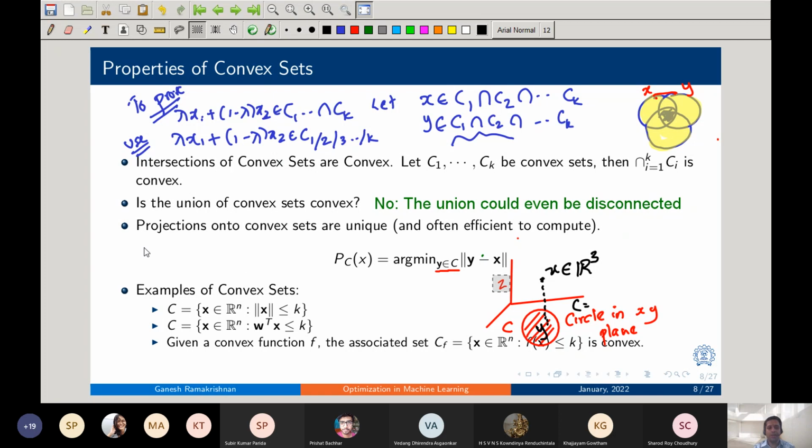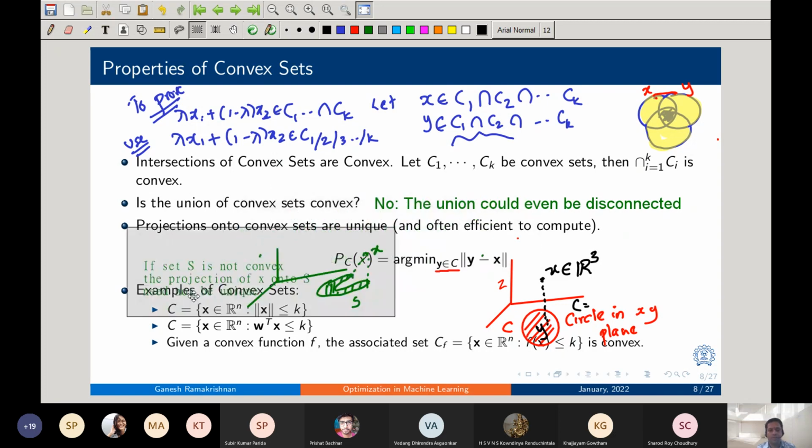Okay, so now it turns out that if the set C is convex, then the projection is unique and often efficient to compute. But let's take an example where the set C is not necessarily convex, or S is not convex. How will it look? Let's see an example here.